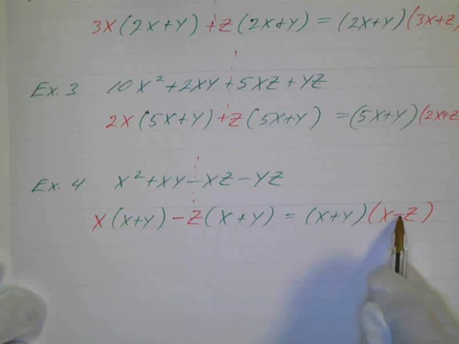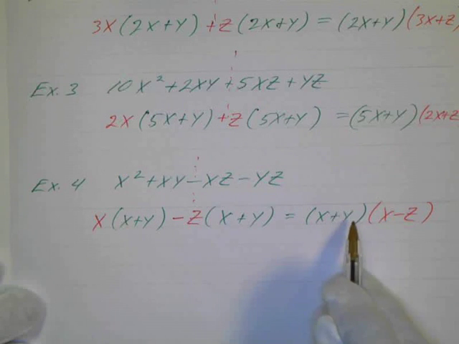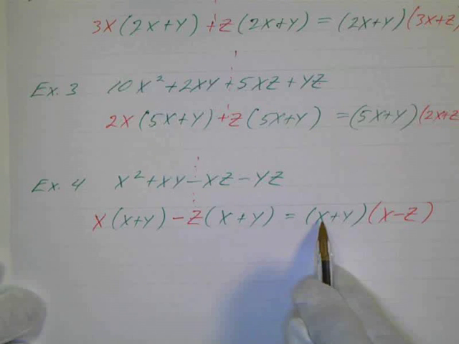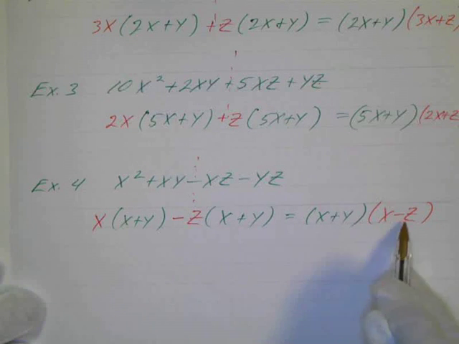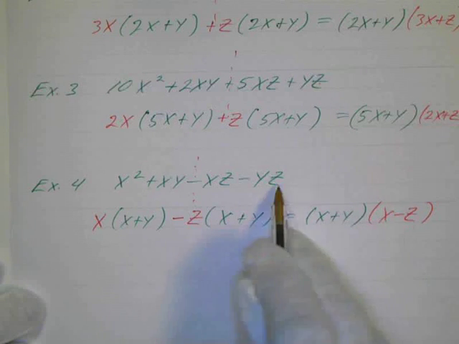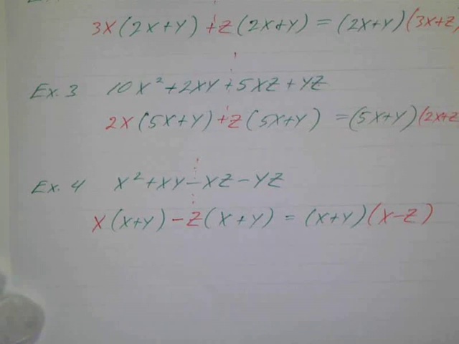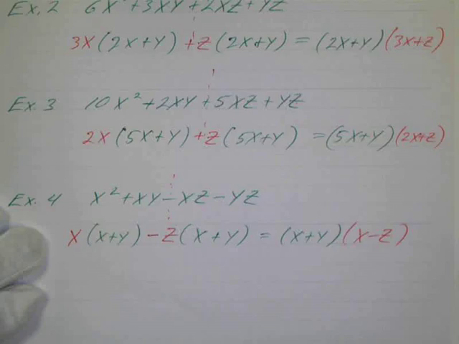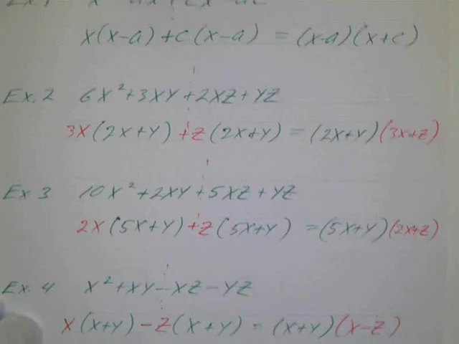There's my negative xz, negative xz. And here's my negative yz. So it just multiplies out. So please check these. Make sure you don't make an error. And that should be pretty good for 4-term grouping.